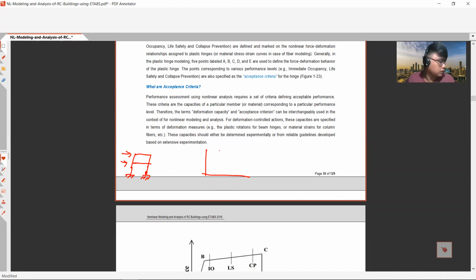I think the graph is this one, so the graph looks like this.